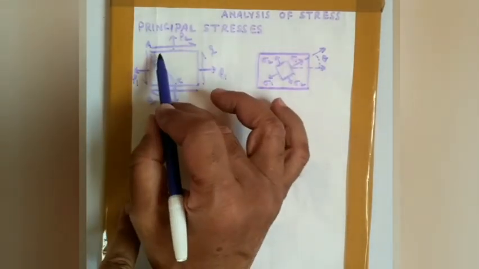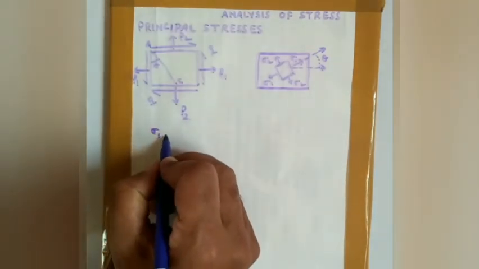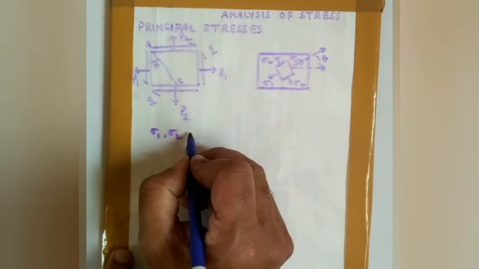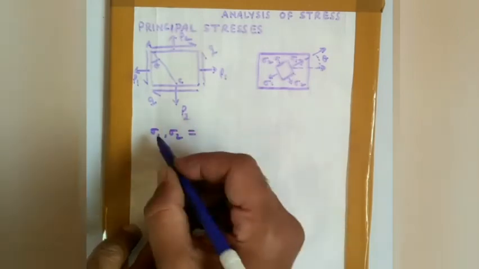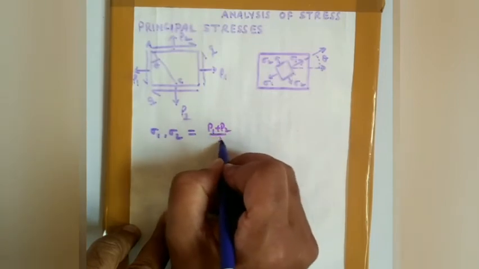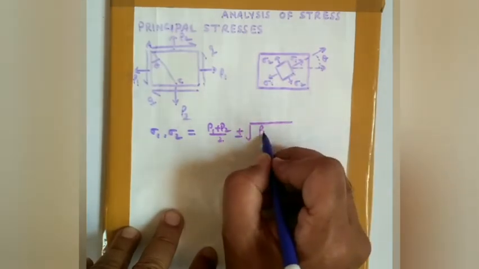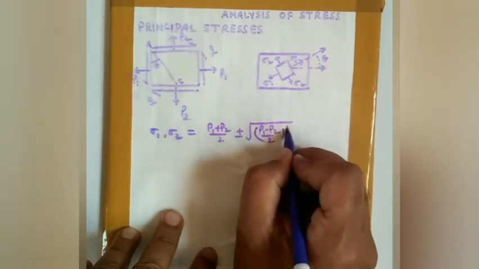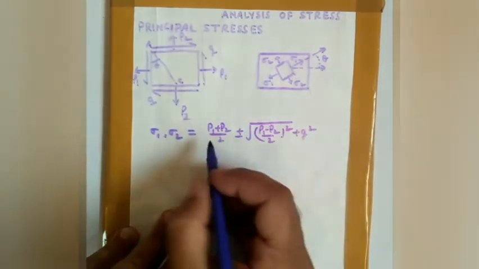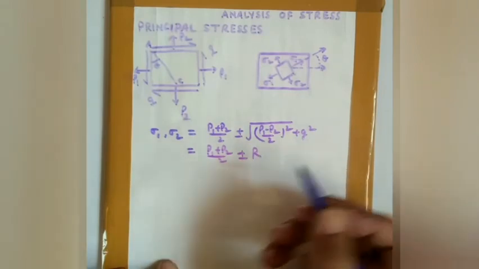So for a plane stress system, so far we have derived that if sigma 1 and sigma 2 are the maximum and minimum normal stresses, that is major principal stress and minor principal stress, then sigma 1, sigma 2 would be (p1 plus p2) by 2 plus minus root of ((p1 minus p2) by 2) whole square plus q square, or let us write it (p1 plus p2) by 2 plus minus r.